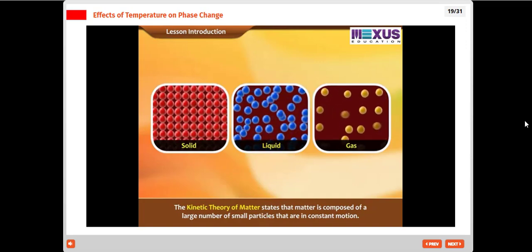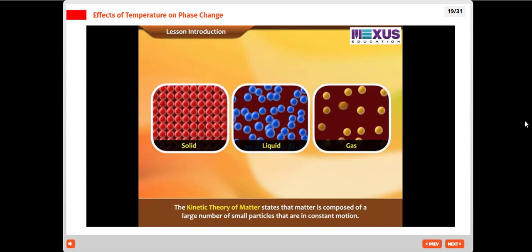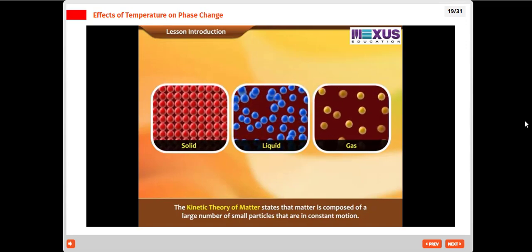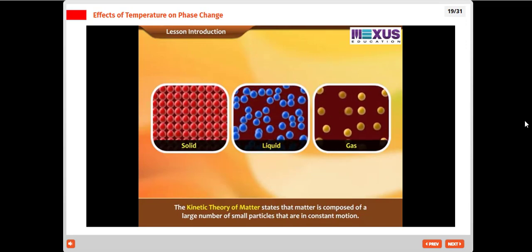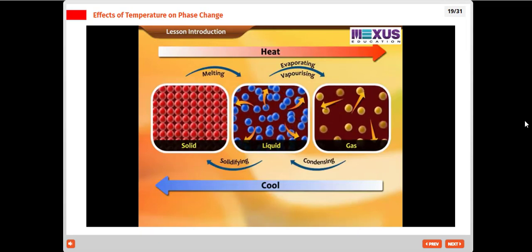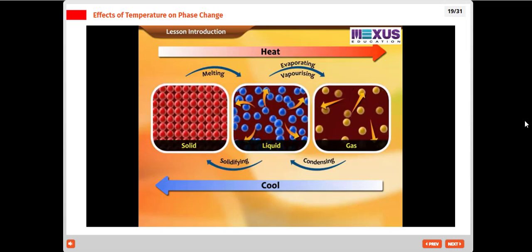The kinetic theory of matter states that matter is composed of a large number of small particles that are in constant motion. The theory also explains the effect of pressure and temperature on states of matter.